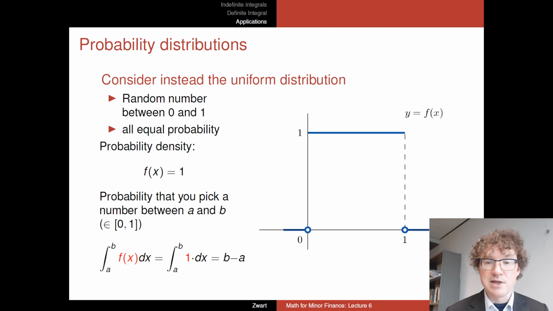The particular probability that I find any number between 0 and 1 is going to be 1, because all the numbers that I pick will be between 0 and 1. Whereas the probability that I take a number which is, say, below a half, but above 0 will be a half minus 0, or in other words, a half. So half of all the draws that I'll make will be a number below half. And of course, the other half will be the numbers above a half.